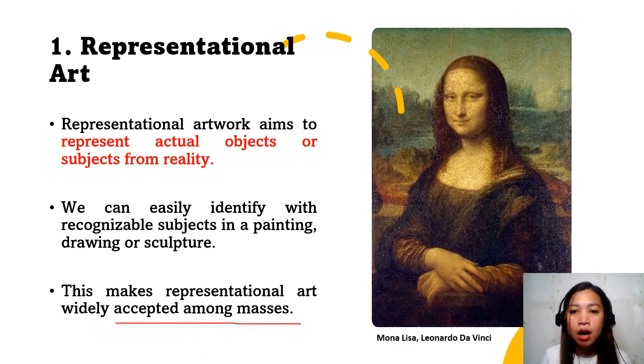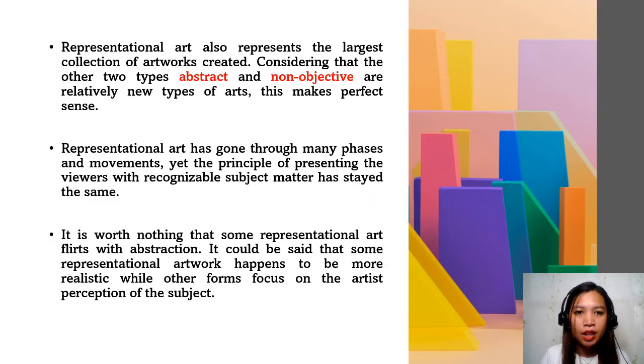This is the most common type of art around the world. Representational art also represents the largest collection of artworks created, considering that the other two types, the abstract and non-objective, are relatively new types of art. This makes perfect sense.